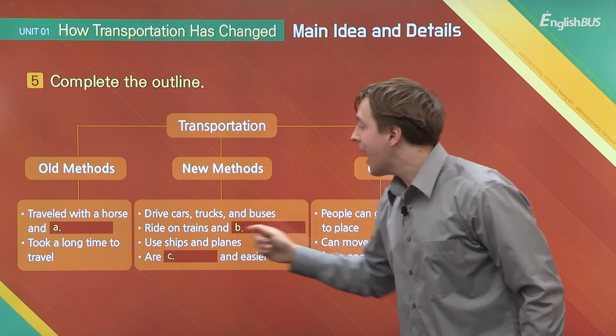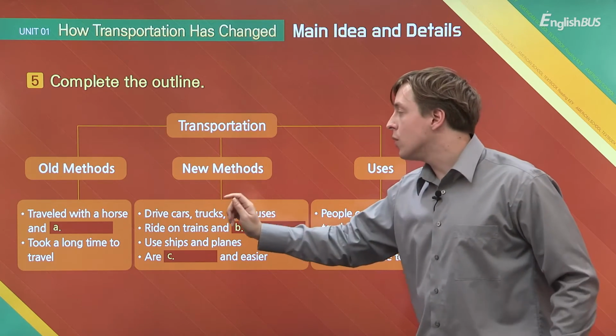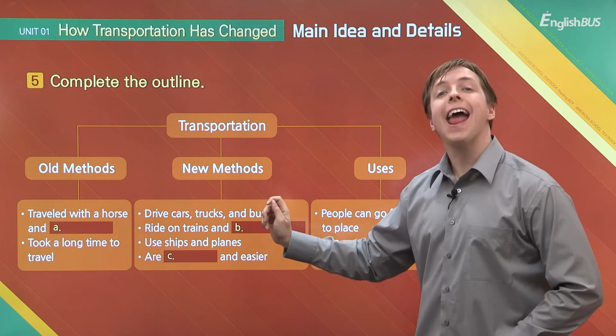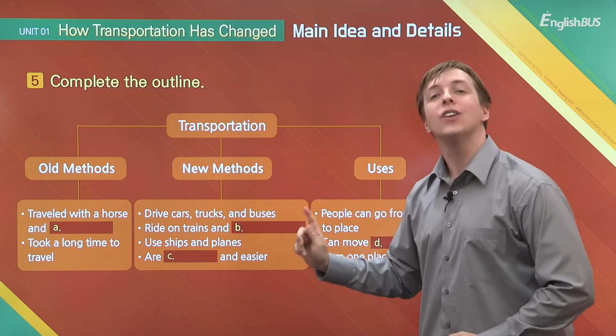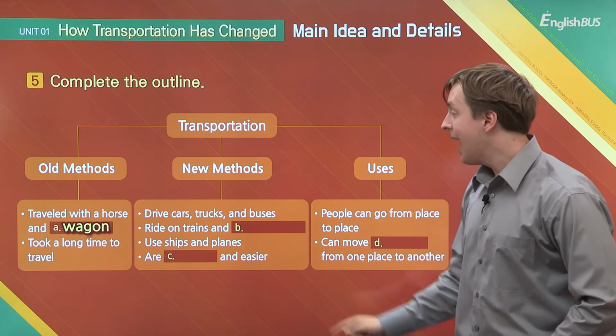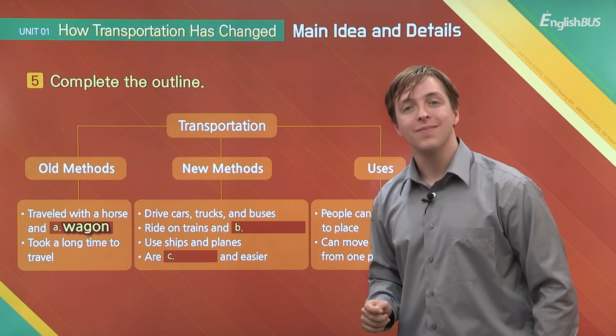Let's first look at the old methods. In the past, people traveled with a horse and, yes, very good, with a horse and wagon. And it always took a long time to travel.